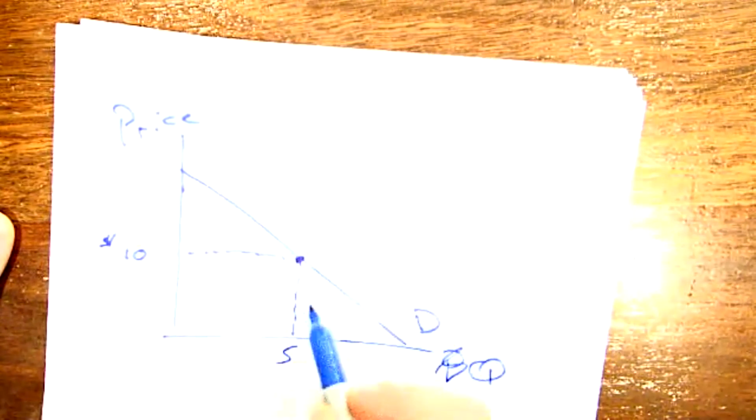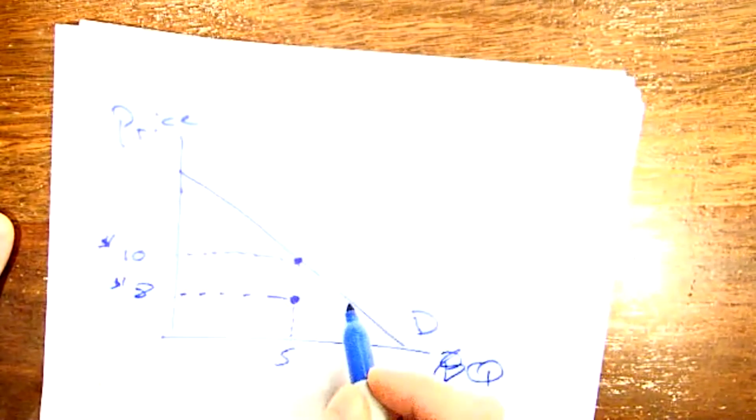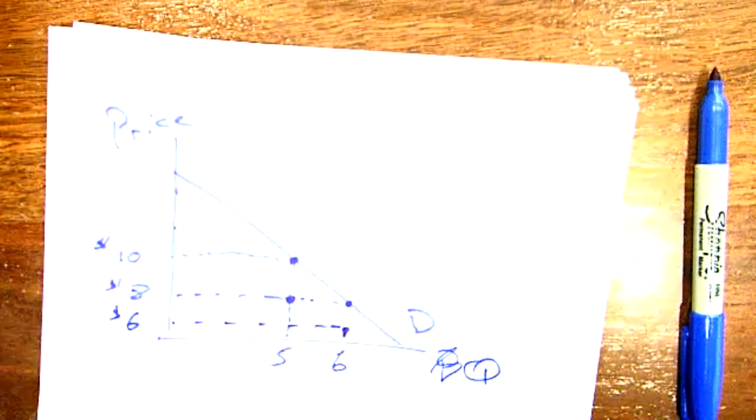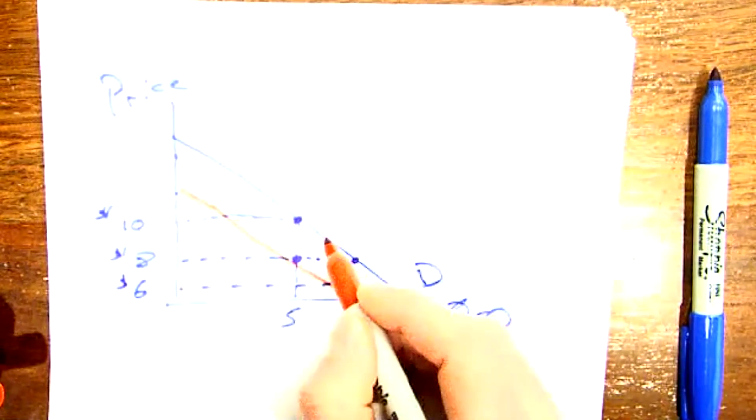So they'd no longer be willing to pay $10. They might only pay, we'll just make a number up, 8 now. And for maybe that 6th unit, before they were willing to pay 8, now they're only willing to pay 6. This isn't completely drawn to scale. That would occur at every single quantity until we get this new demand curve. It'll look something like that, right? Where we see this shift downward, this decrease in demand.